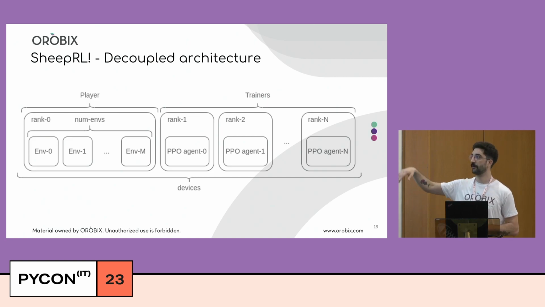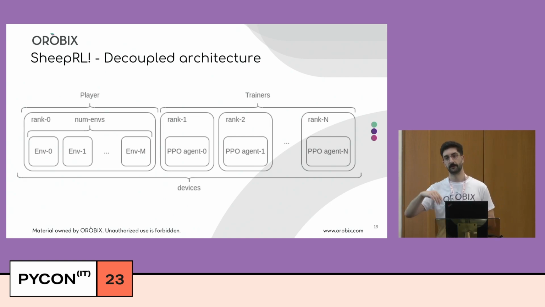But this is all hidden, because it's just like I showed you before, Lightning run model, and then you can tell, okay, run this on CPU and the other one on GPU, so it's super simple.